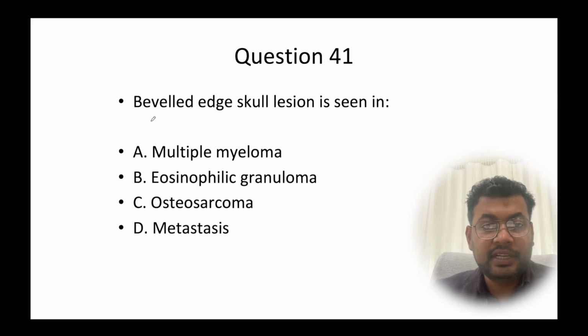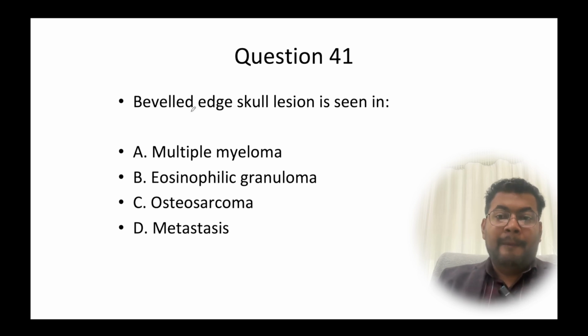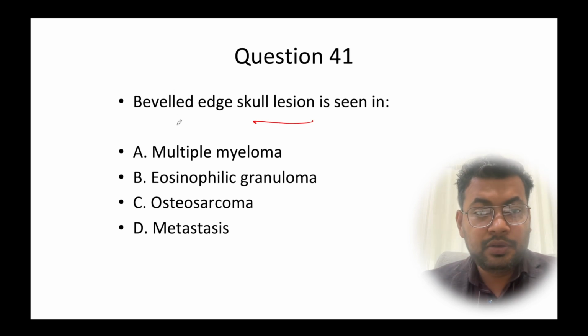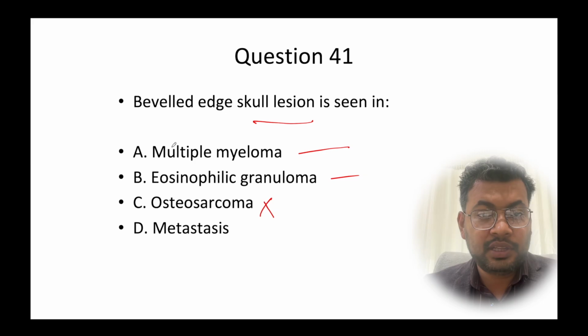Beveled edge skull lesion is seen in multiple myeloma, eosinophilic granuloma, osteosarcoma, metastasis. So if we look at the skull lesion, it is seen in multiple myeloma and in eosinophilic granuloma, not in osteosarcoma and metastasis.